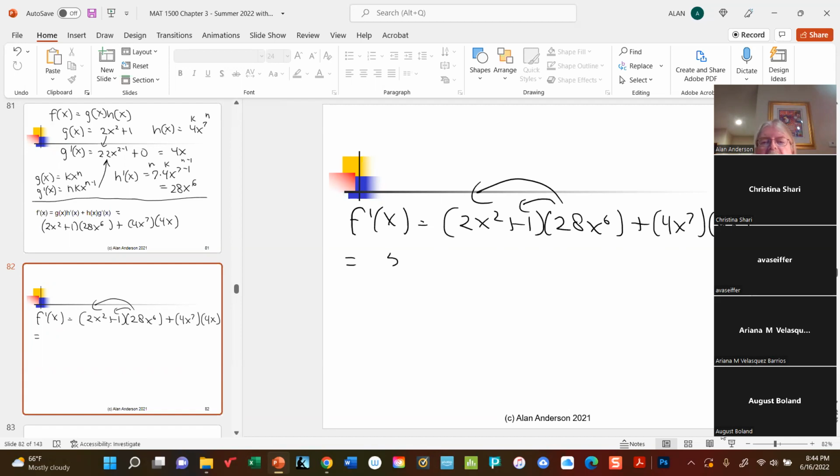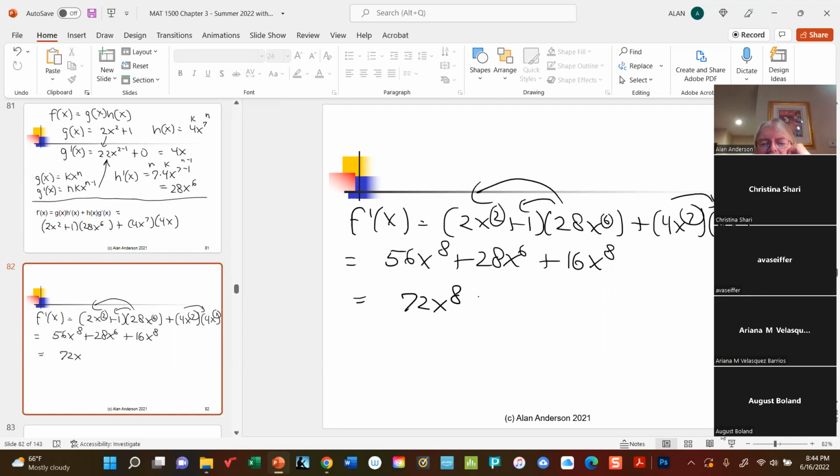So you've got 56x to the 8th, because you're adding these two together, plus 28x to the 6th. And when you multiply these together, you're going to end up with 16x to the 8th power, because you're combining this with 1. Remember, there's an implied 1 here. So this one could be simplified as 72x to the 8th plus 28x to the 6th.